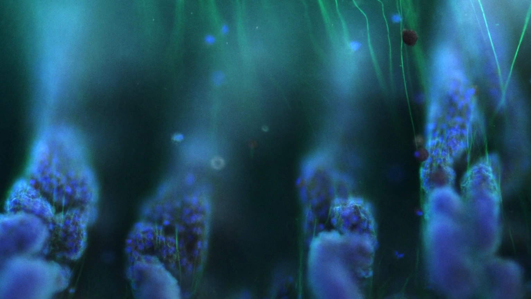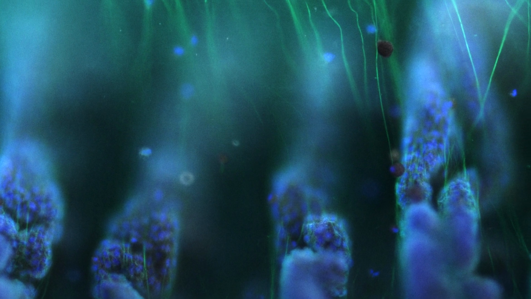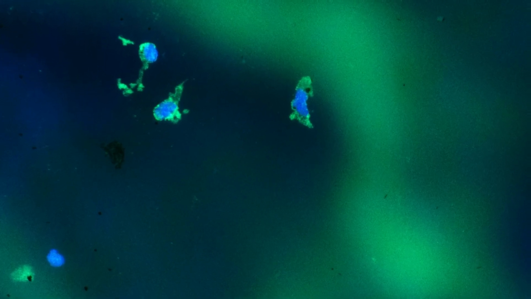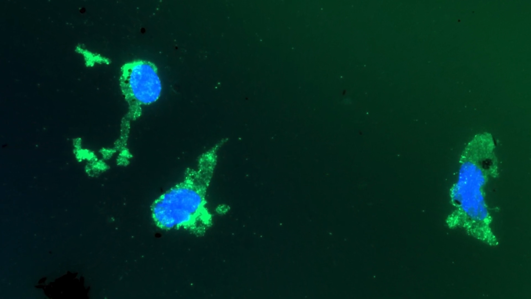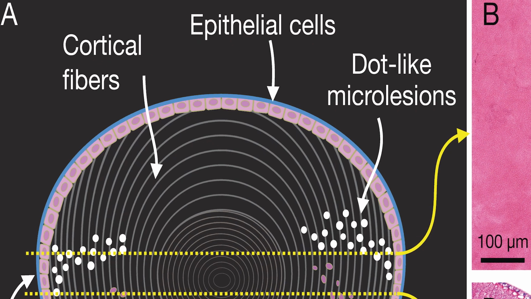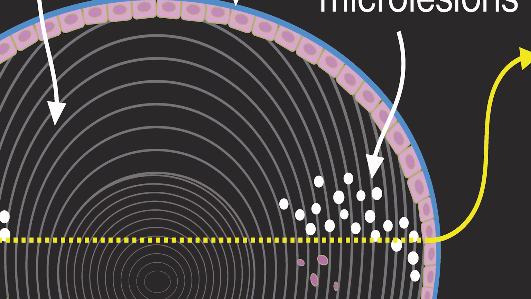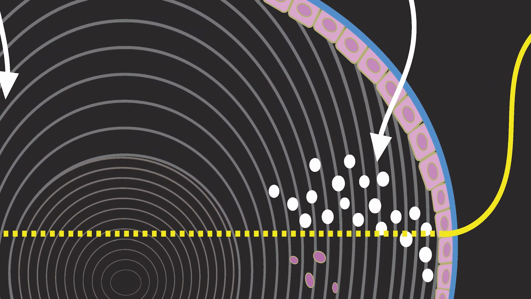And when we did that, we found that immune cells migrate from the ciliary bodies along the zonules towards the lens. Some of the immune cells seem to be penetrating the lens capsule, and in those areas, the epithelial cells that line the inner surface of the capsule change their properties. Some of them died, some of them proliferated, and some of them started to migrate.